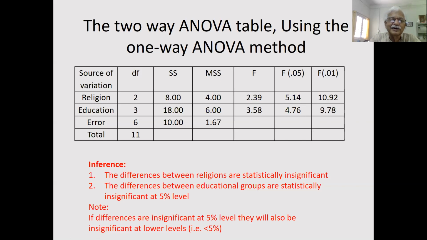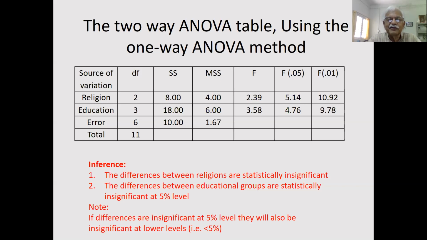And error refers to that part of sum of square which is not due to these independent variables. That is the difference. There is no other difference till now from simple analysis of variance.